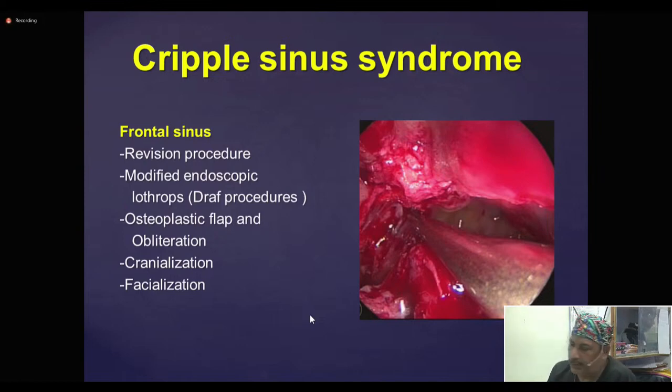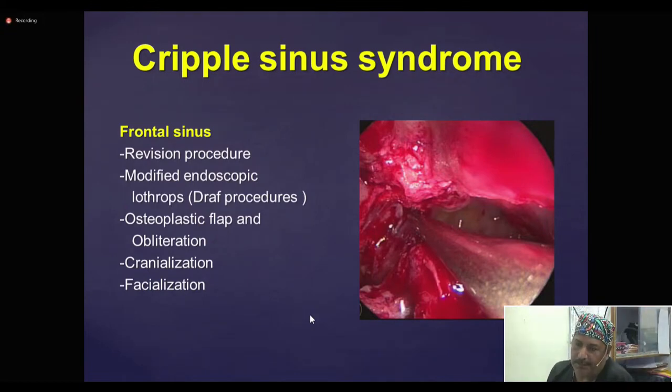there are 2 procedures which are eliminating procedures. Eliminating means you have to eliminate the frontal sinus so that it gives no problems in future. There is no frontal sinus in future, no problem. Cranialization means the posterior table of the frontal sinus is separated from the cranial cavity.